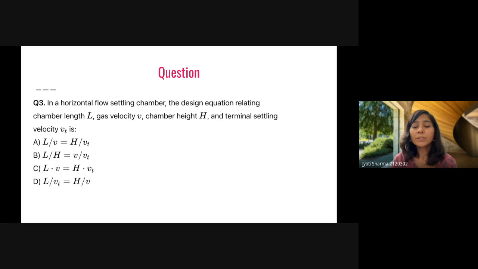Okay, now we will talk a little bit about some technical things about gravity settlers. In a horizontal flow settling chamber, the design equation relates chamber length L, gas velocity V, chamber height H, and terminal settling velocity VT.